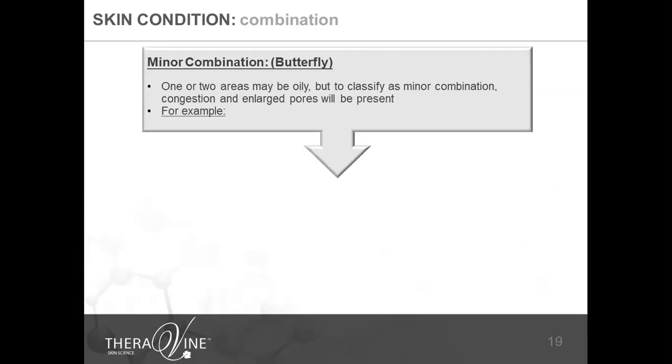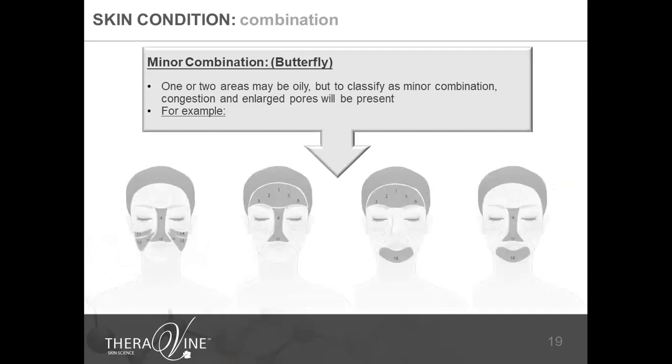Then you've got your two different, your minor or your butterfly, where usually you will find one or two areas that are oily. So it's not the typical T-zone. And I actually find a lot of clients have the minor combination, where you'll find usually congestion and enlarged pores on the nose and the chin, or the forehead and the chin, or the forehead and the nose, or the nose and the inside of the cheeks.